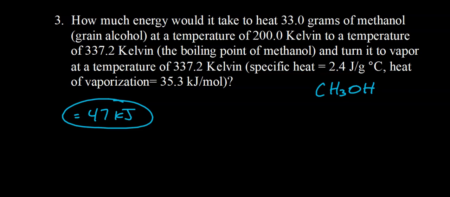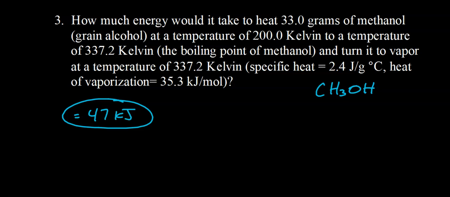Now this one's a little different. We're given the temperatures in Kelvin. Did you convert those temperatures from Kelvin to Celsius? Well, if you did, what is the difference between 337.2 Kelvin and 200 Kelvin if you converted those to Celsius? I'm going to guess the difference was 137.2 degrees Celsius. What's the difference between 337.2 Kelvin and 200 Kelvin?